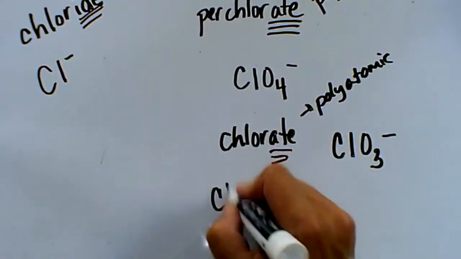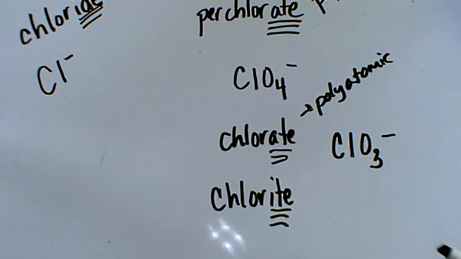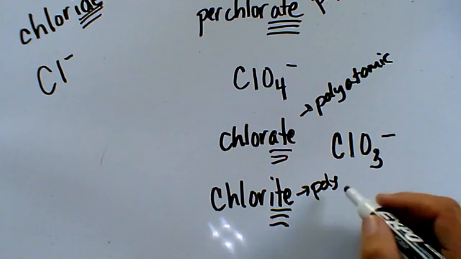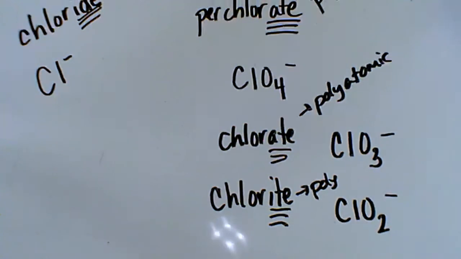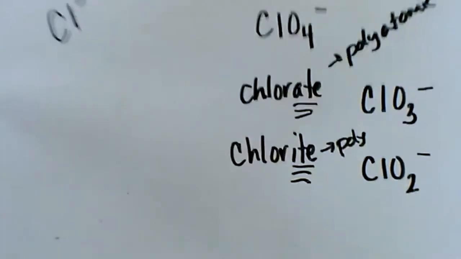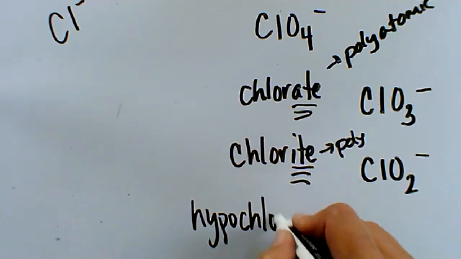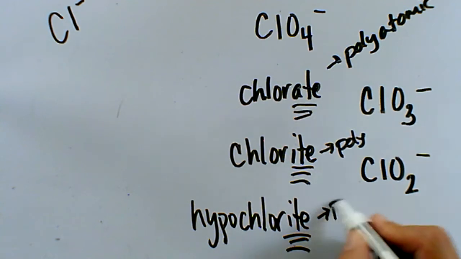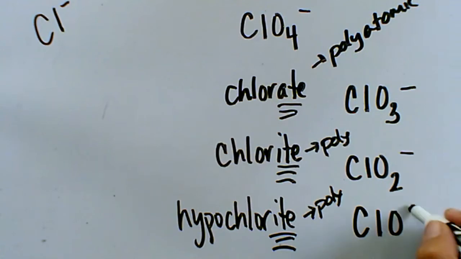I could see chlorite, polyatomic, so I'm going to look at my chart and I'm going to see ClO2 negative. Let's take this one step further. I could see hypochlorite. It ends in an "ite." It's poly. I look on my chart. I see that it's ClO negative.